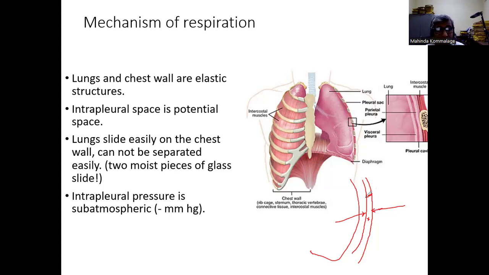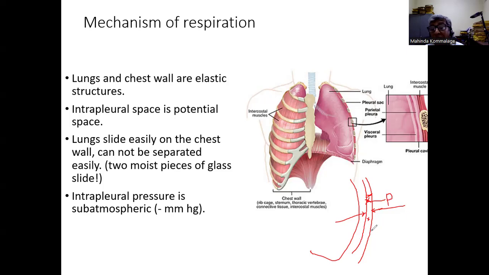There is a space and there is no space. Really there is no real space, therefore we call it a potential space. So the pleural cavity is a potential space. We can talk about the pressure inside this space.